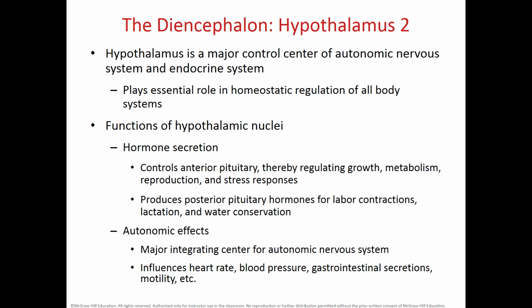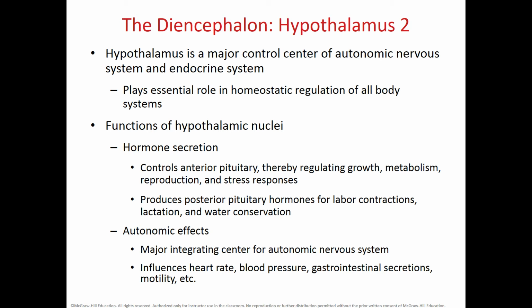Oxytocin is important for contraction of the smooth muscle cells within the uterus during labor, and also contraction of the smooth muscle cells around the glands of the breast in females during lactation. And then ADH, antidiuretic hormone, is going to help us absorb water when we are dehydrated.